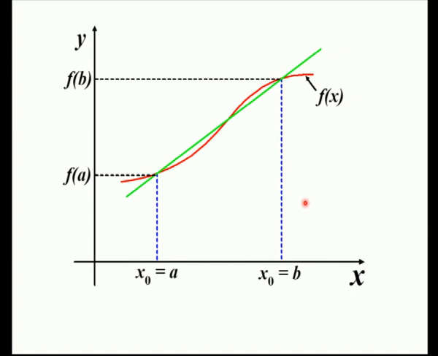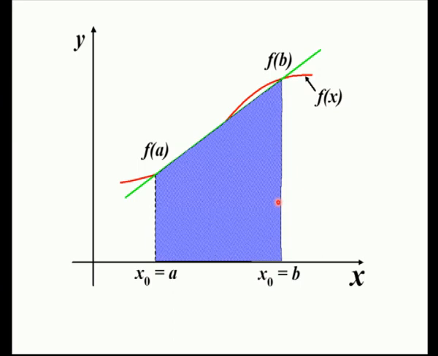So, we are going to approximate that area by the area covered by a regular polygon, the one shaded blue.